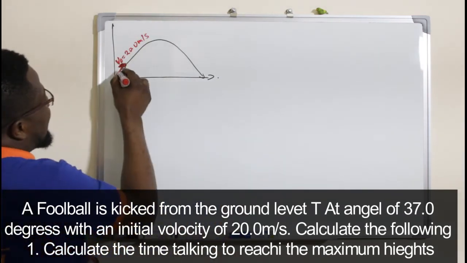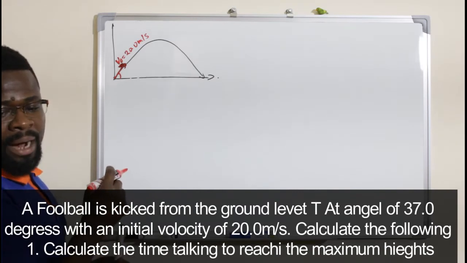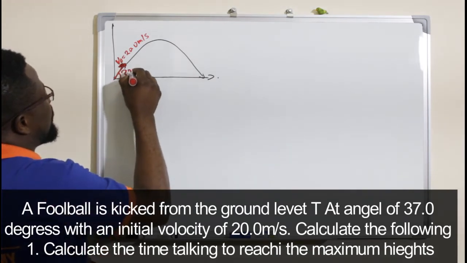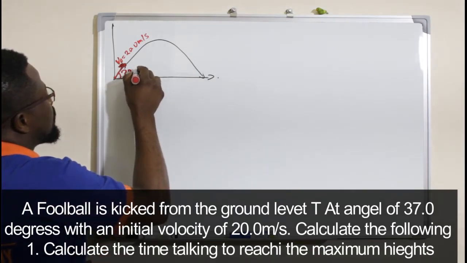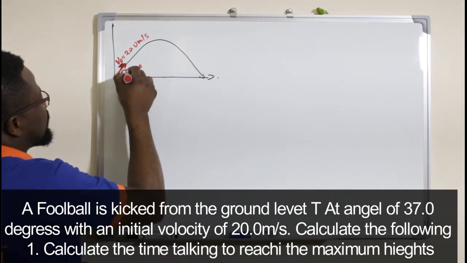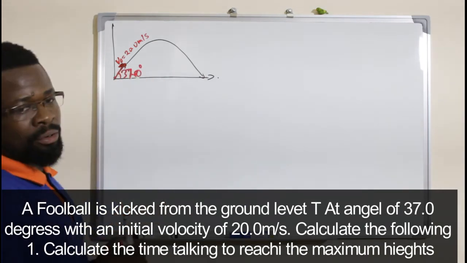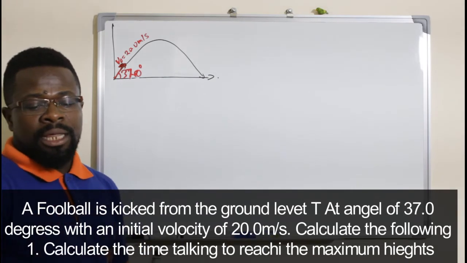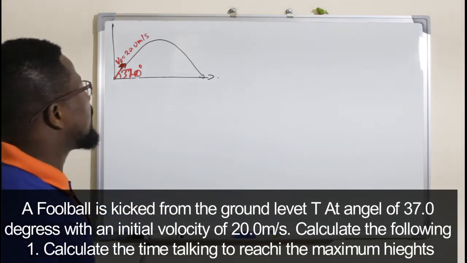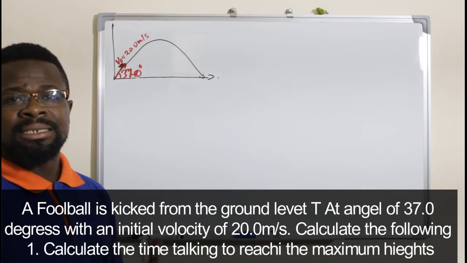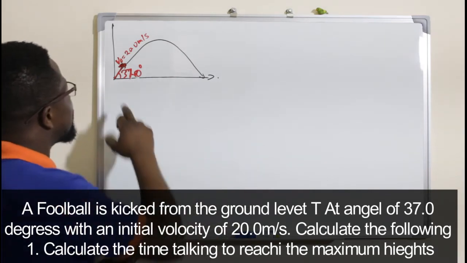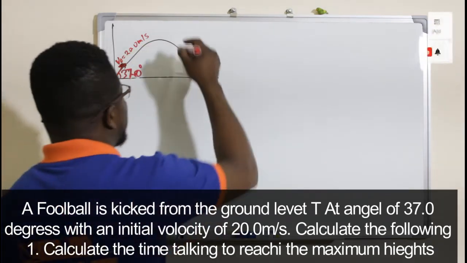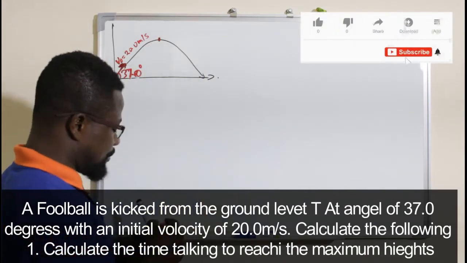And we were told that the angle that is made with the ground is 37.0 degrees. These were the information that we were given, and we are asked to calculate the time it will take the ball to reach the maximum height, which is here.